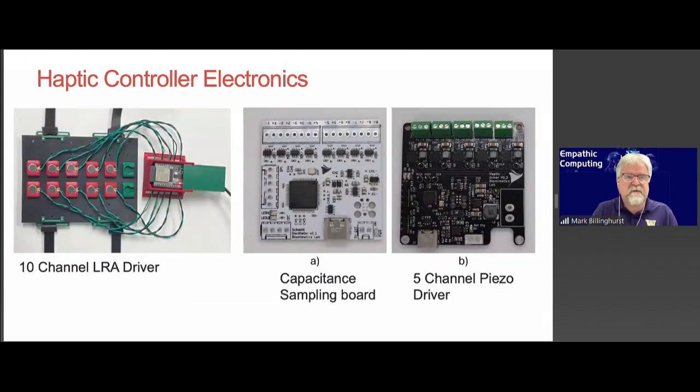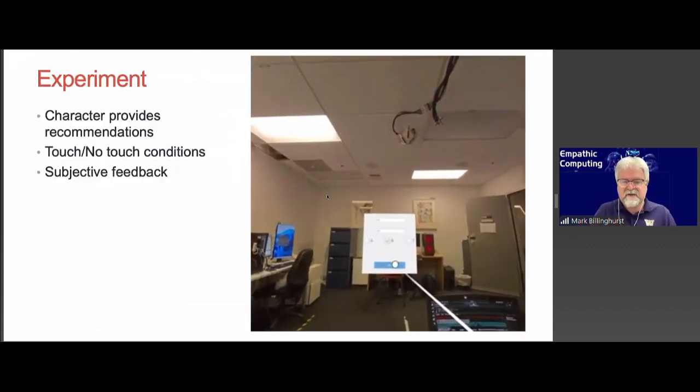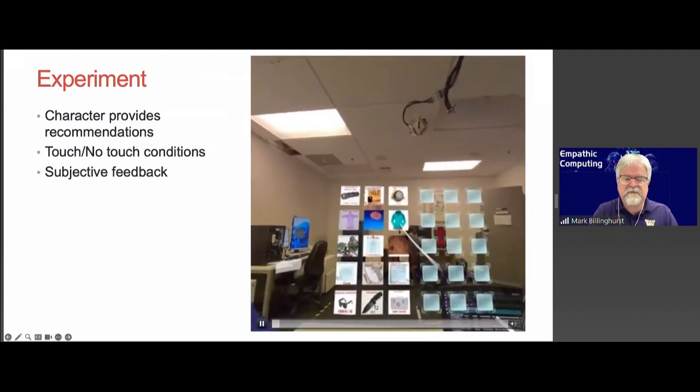To do that, we built the system on the left, basically 10 vibrators connected to a control board that drove them all. As the agent touched your arm, the vibrators would pulse, and you feel this kind of light touch or stroke on your arm. And then we did an experiment where the character provided recommendations, and sometimes it provided recommendations that involved touch, and sometimes it didn't.